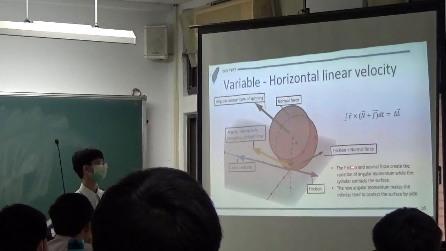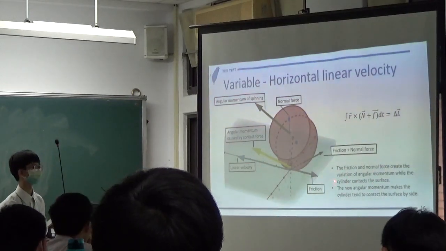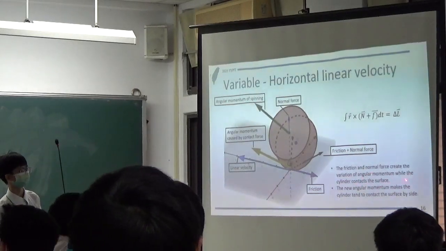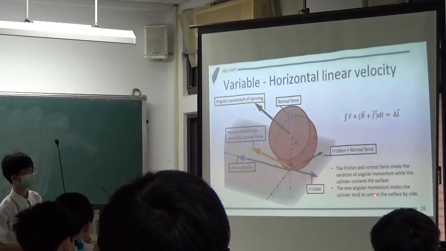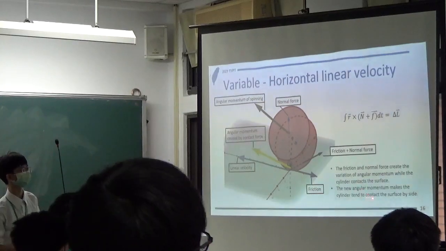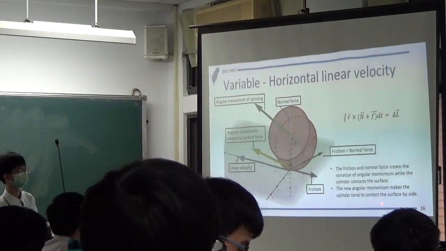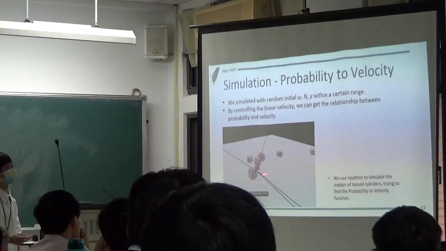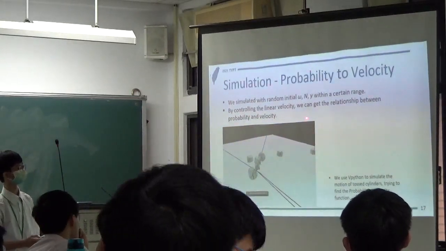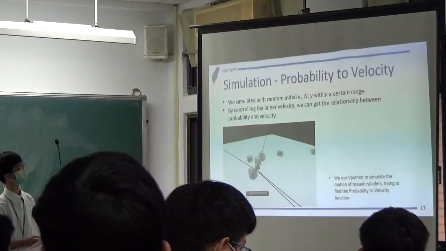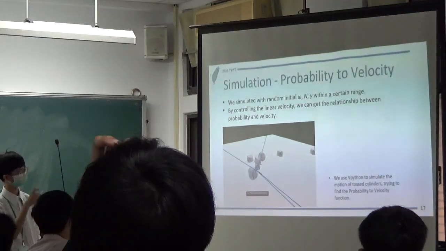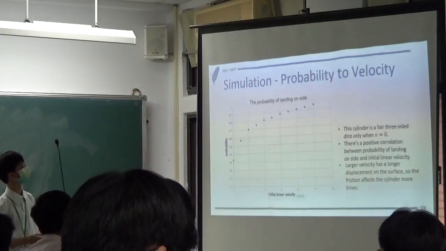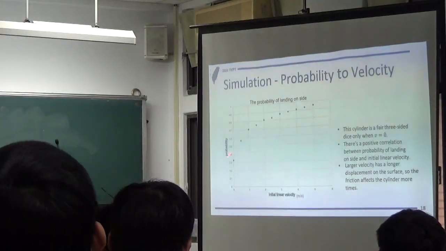The friction and normal force create an angular momentum while the cylinder contacts the surface, and the new angular momentum makes the cylinder tend to contact the surface on its outside. Okay, so we use a simulation to prove this concept. So this is the result.